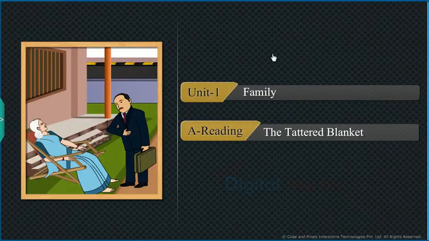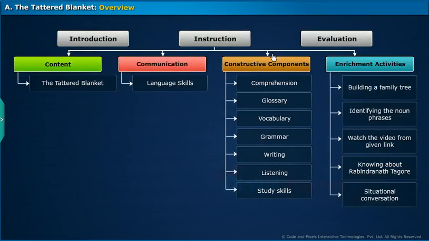Welcome to the reading section, The Tattered Blanket of the Unit Family. Overview. Let us have a look at the overview. The overview slide consists of 3 sections, namely Introduction, Instruction and Evaluation.